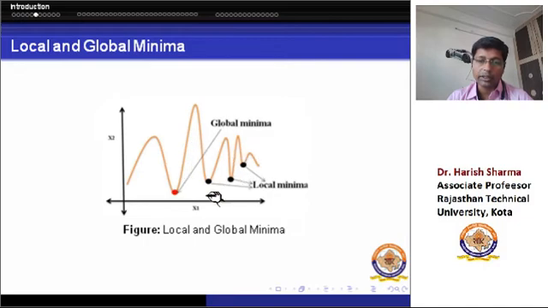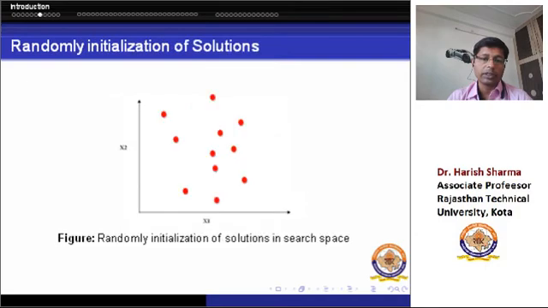As we have discussed, one of the drawbacks of the probabilistic methods is that the methods may get stuck in these local minima, and the swarm, the group of individuals or population, may stop moving towards the global optima. This is basically the problem that exists with these probabilistic methods.